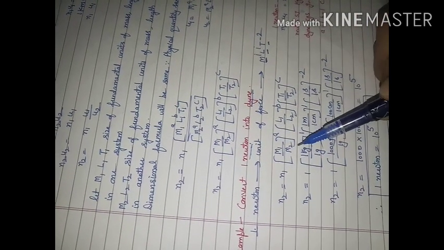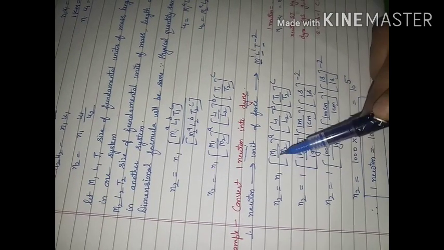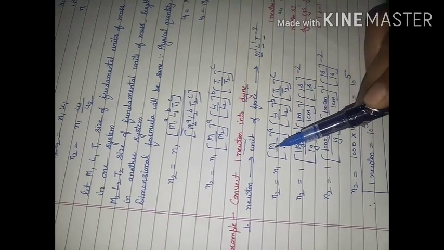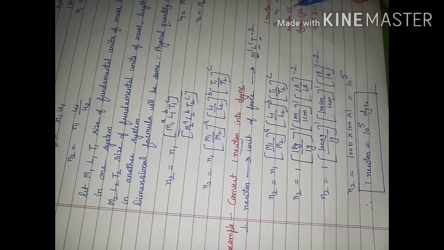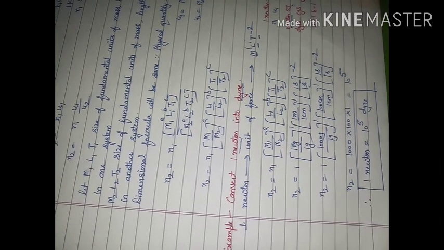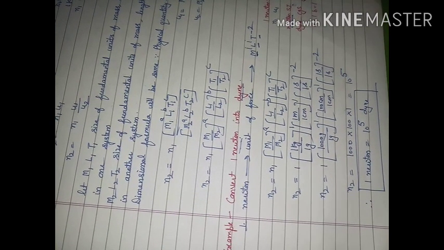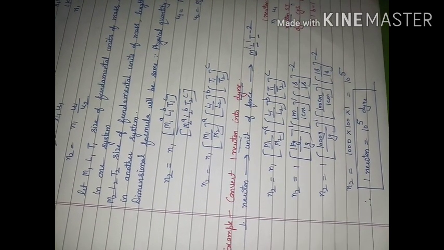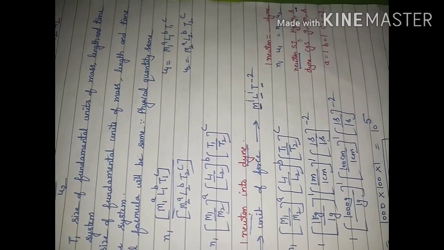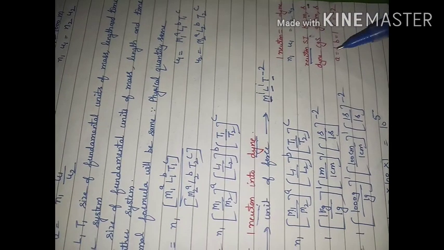In SI system, this first one, M1, L1, T1, what is the size of the fundamental unit? In SI system, when we are talking about Newton, mass will be measured in kilogram, length will be measured in meter, and time will be measured in second. And the system that is asked, we have to go from Newton to dyne.